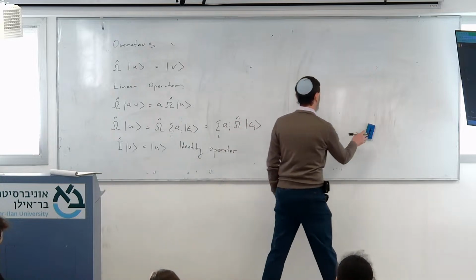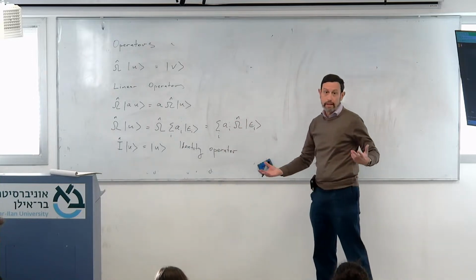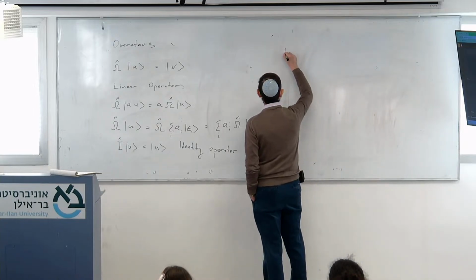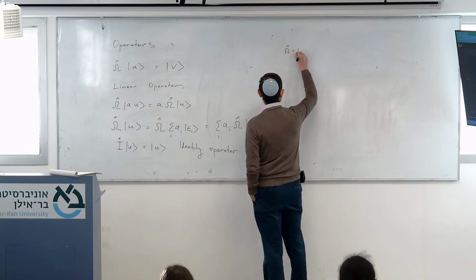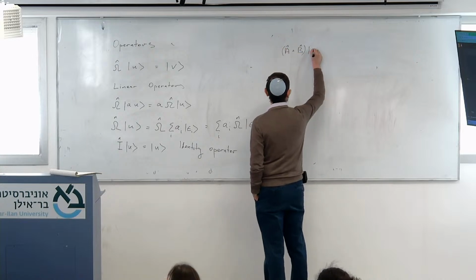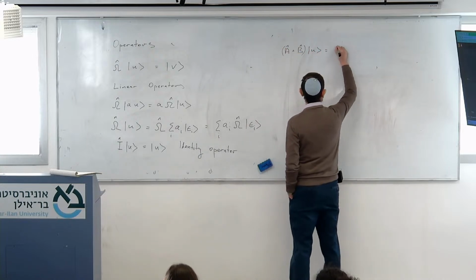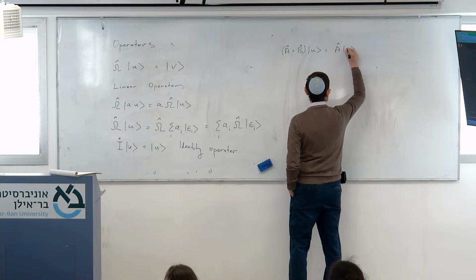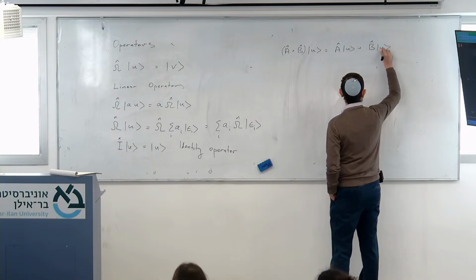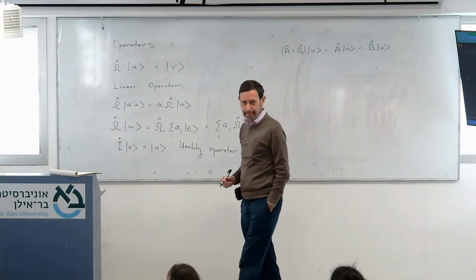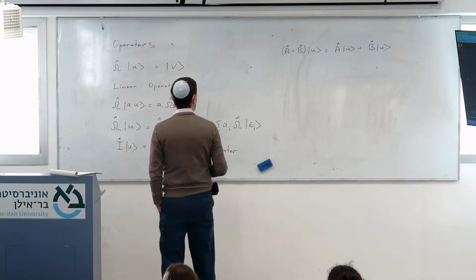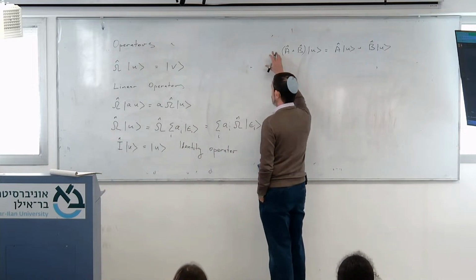Okay, what else can we do with operators? We can combine them. So let's say I have operator A plus operator B, and not surprising. Now we'll get to the surprising results. So that's addition.